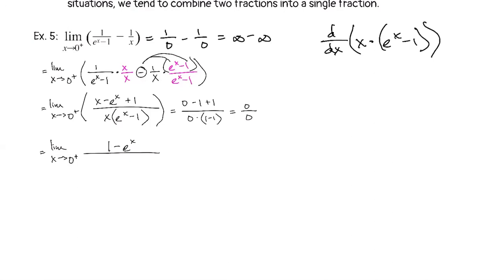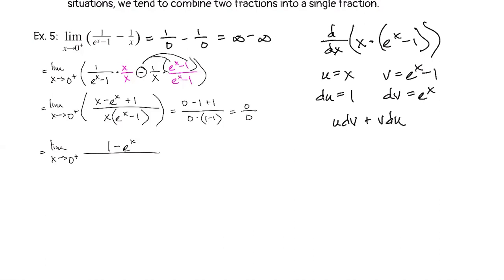Product rule says you have one function and its derivative, and another function and its derivative. We plug these into the formula, u dv plus v du.